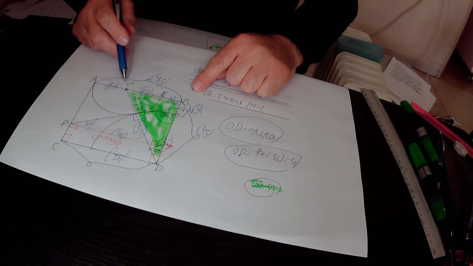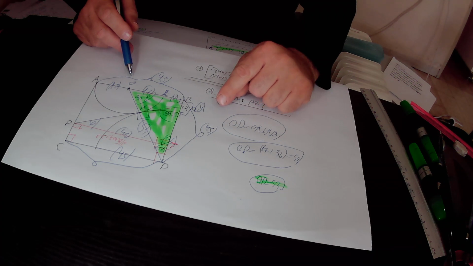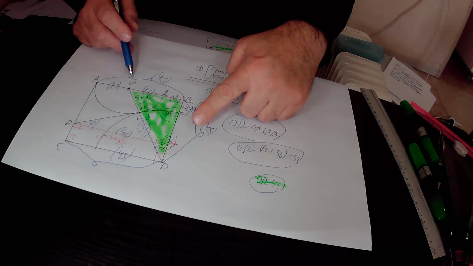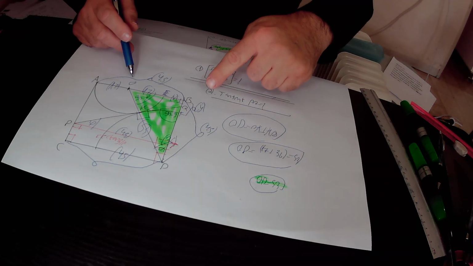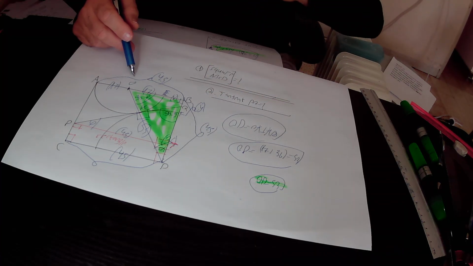OB is 17 plus x, therefore OB squared is 17 plus x squared, plus BD squared. BD in total equals y plus 36, therefore BD squared is y plus 36 squared.